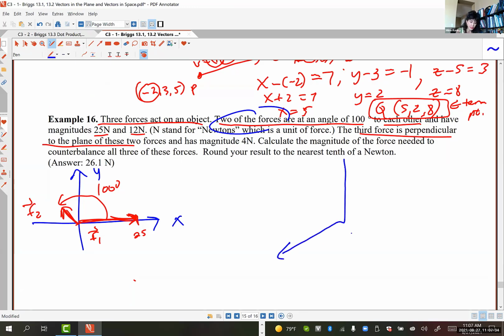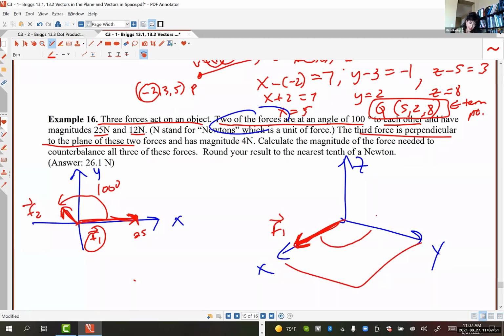So the third guy is like sticking straight up out of the page. If I'm now going to draw this same picture using the 3D rectangular coordinate system, here I go. F1 is sitting on top of the positive x-axis. In this XY plane, but 100 degrees over, is F2. He's a little shorter.